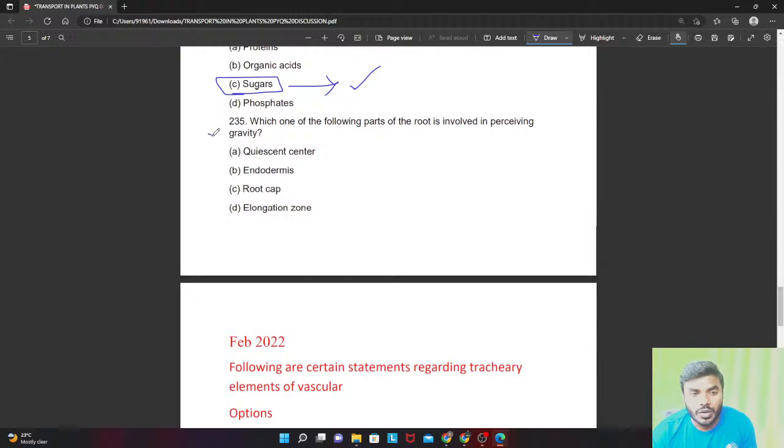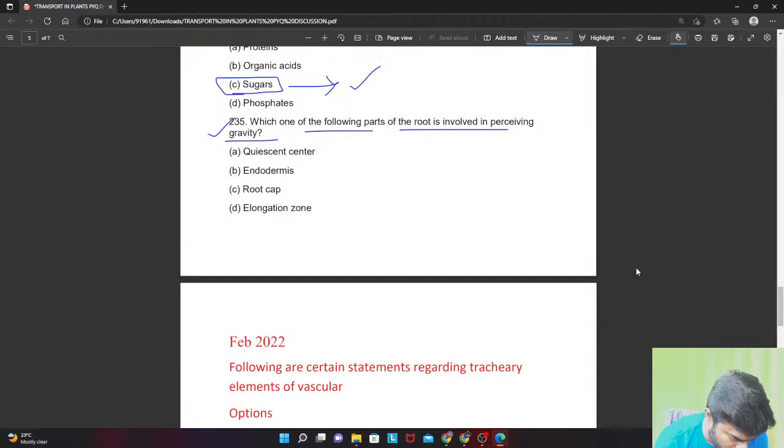Okay. Question number 235. Which one of the following parts of the root is involved in perceiving gravity? It's a very easy question, a very direct question. 235 is what, friends?